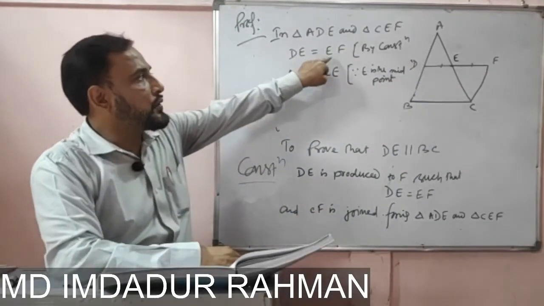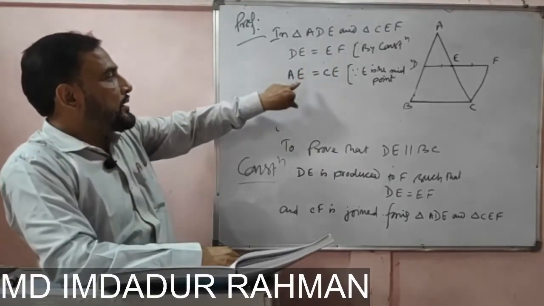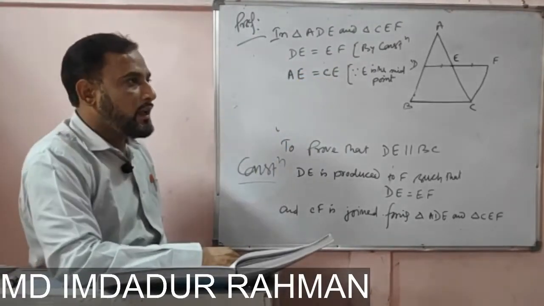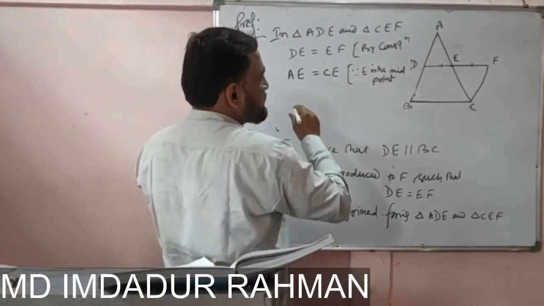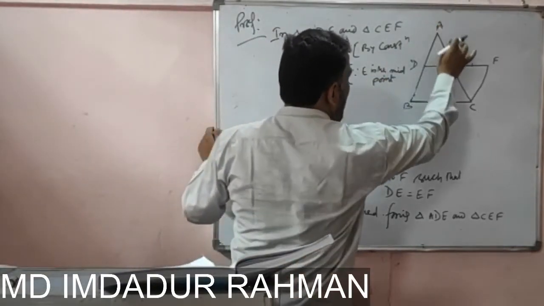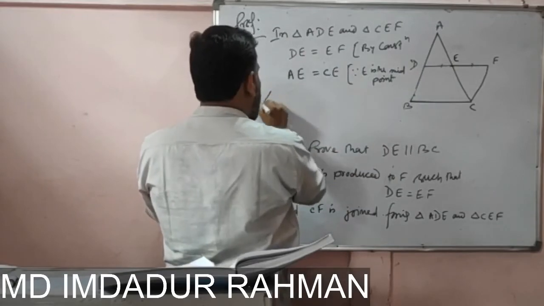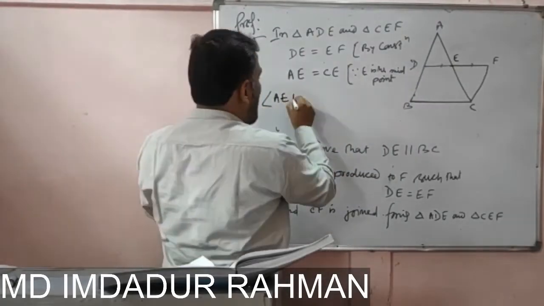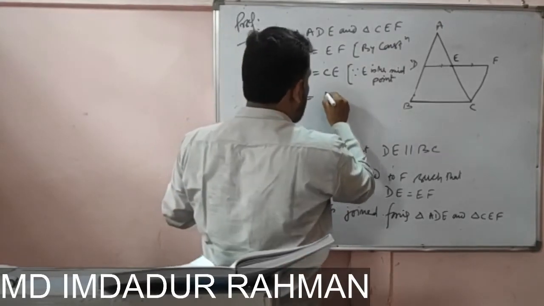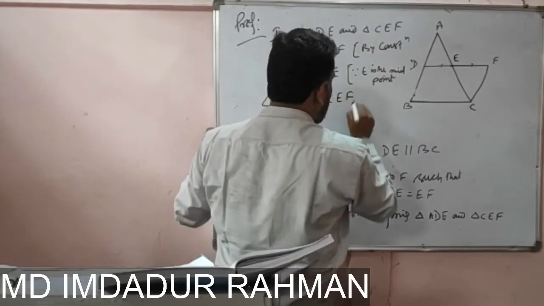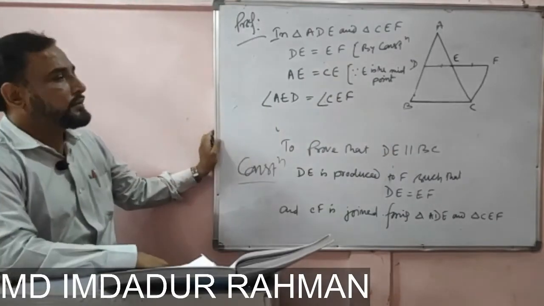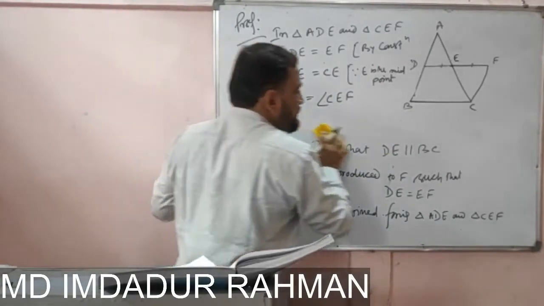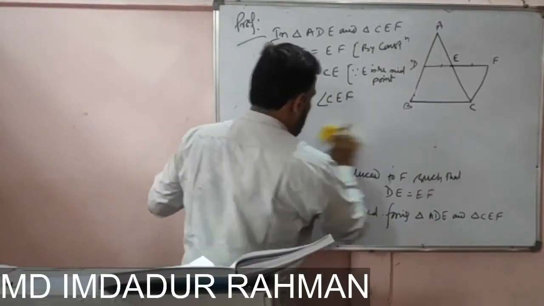DE is equal to EF, AE is equal to CE, and last, triangle AED and CEF. Time is not permissible, so this will be our last sum for today.